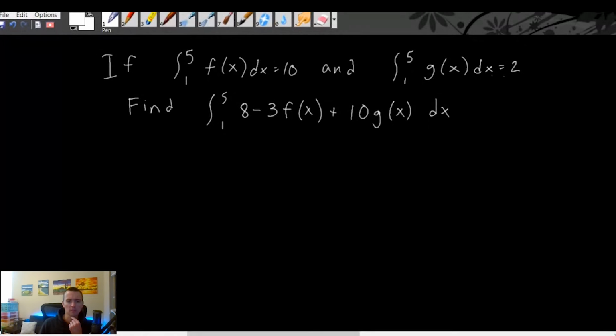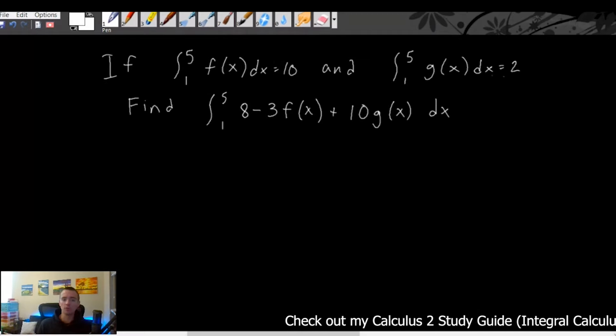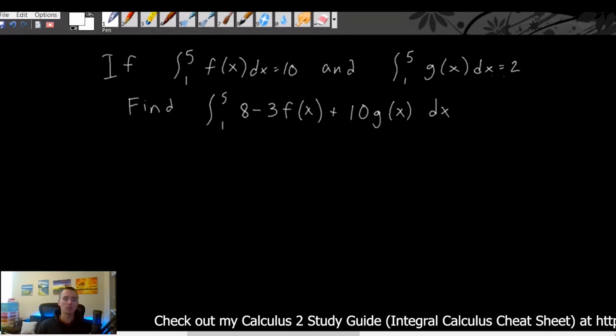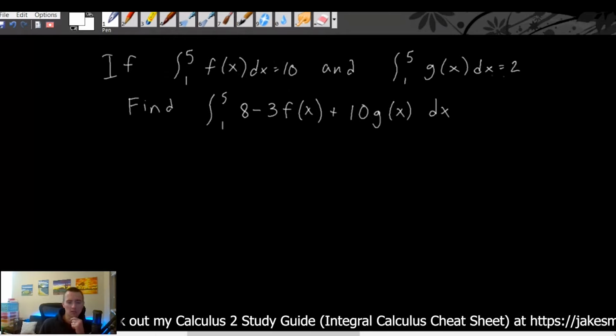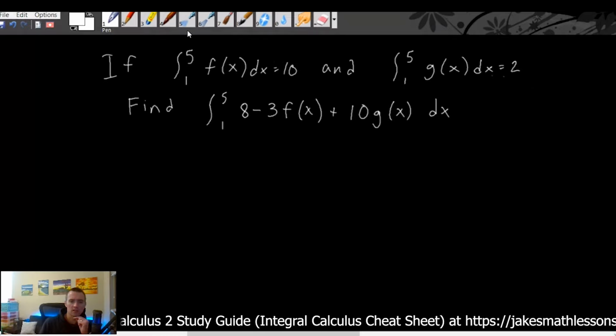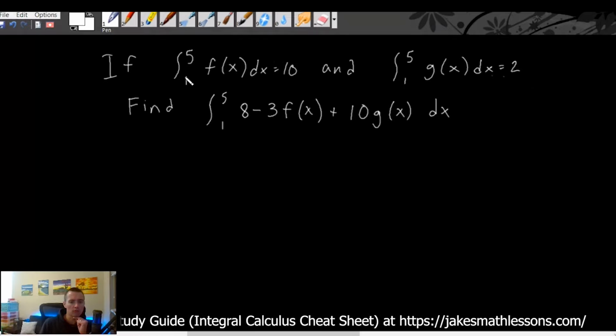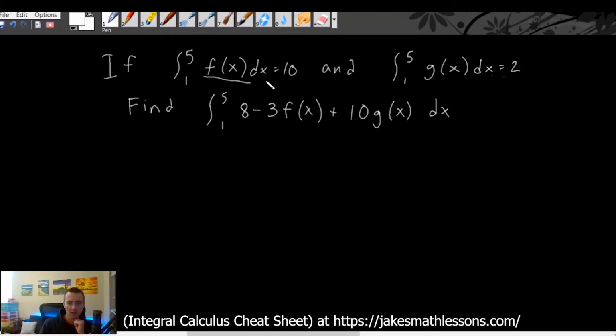In this case, we have a couple of different properties that we're going to want to use. In the last example, we went from 3 separate integrals and used these properties to combine them into a single integral. Well, in this case, we actually want to do the exact opposite, because what we are given here is some information about what the integral from 1 to 5 of just f of x dx is.